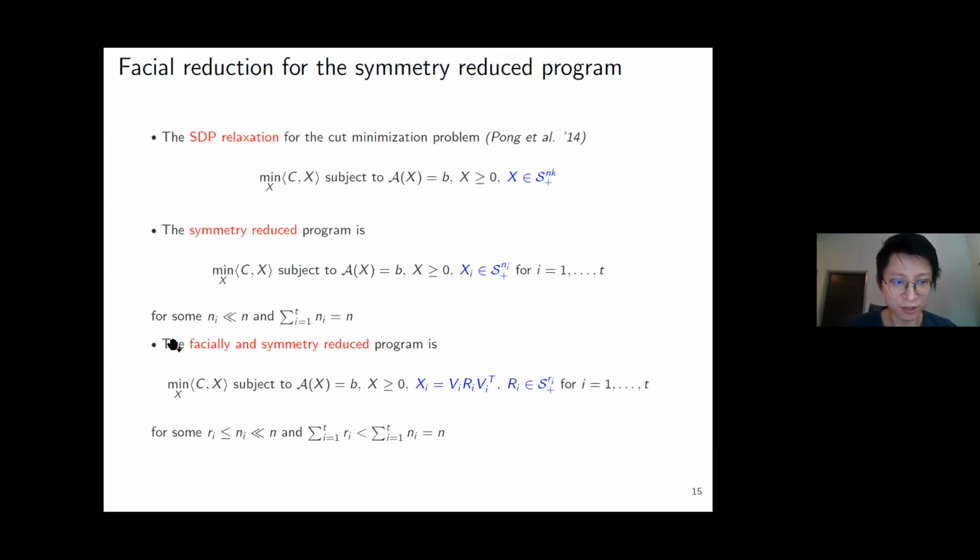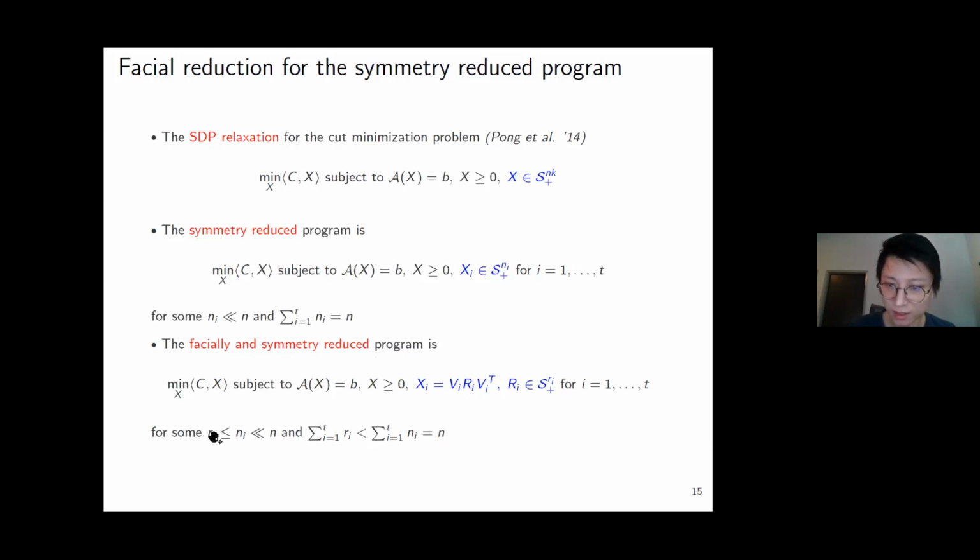And what we did is that we find a facially reduced formulation for the symmetry reduced program. And it ends up with a formulation that is both facially and symmetry reduced. That means for each block here, Xi, which is in the PSD cone of size Ni, we're going to replace this by an equality constraint Xi equals V Ri V transpose, which is the face of this PSD cone, and Ri is in a probably even smaller PSD cone.